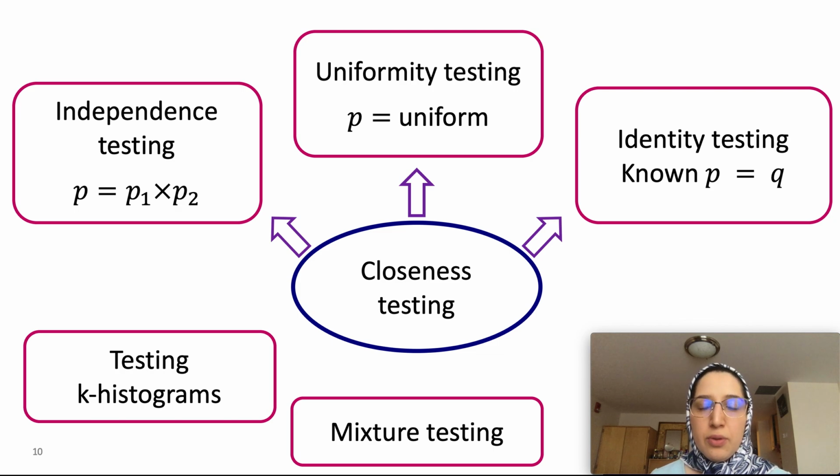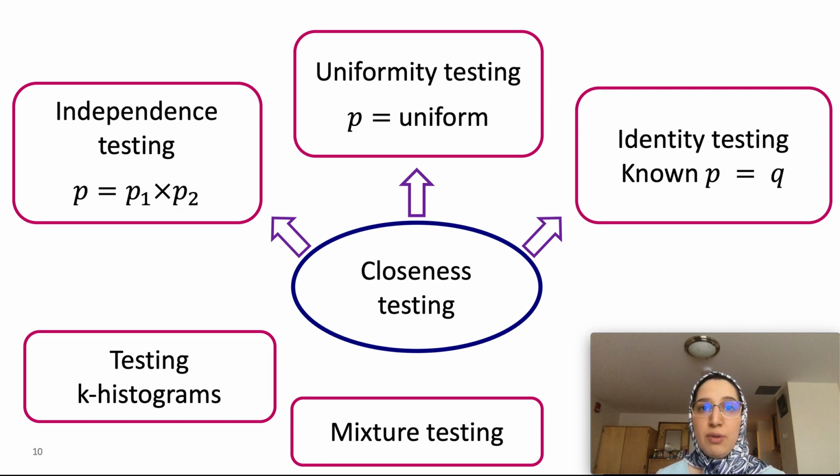So for example, just a simpler example of this problem: when we know that P is uniform, we want to just test if Q is uniform or not. Or if P is known, we exactly have the distribution P and we want to see if it's equal to distribution Q. Or you can even reduce the independence problem to the closeness problem.